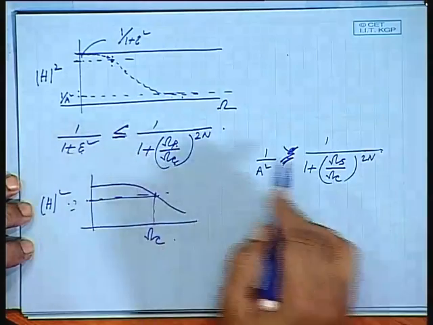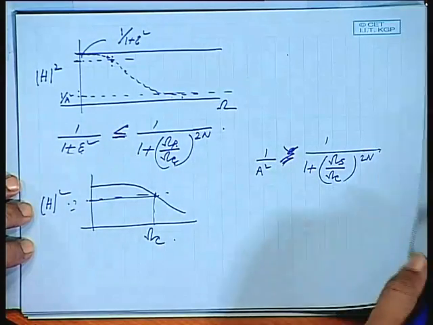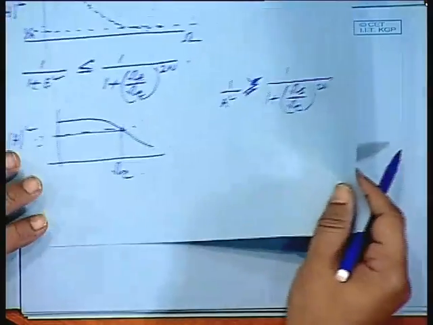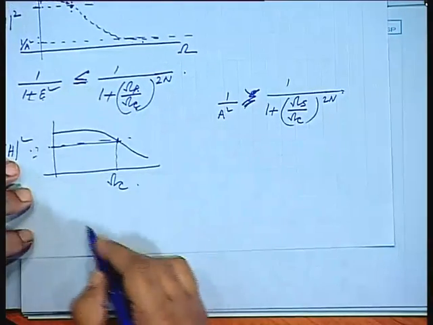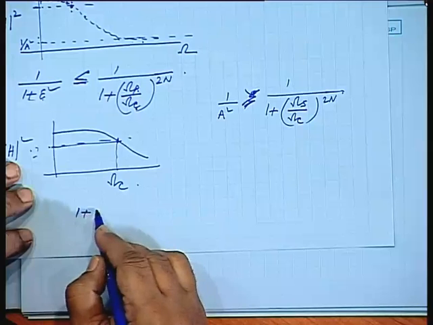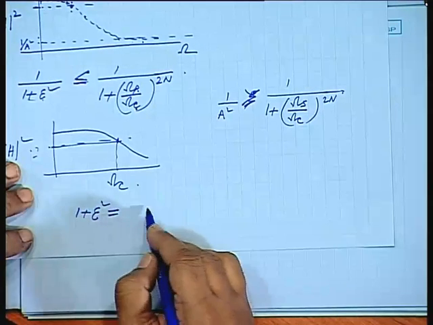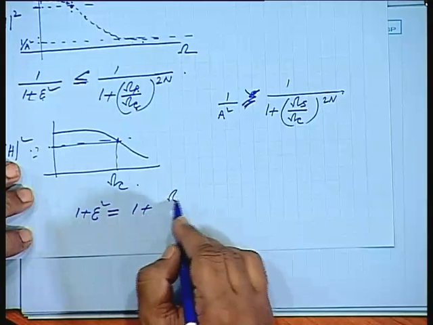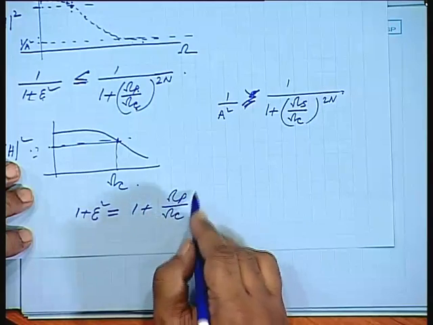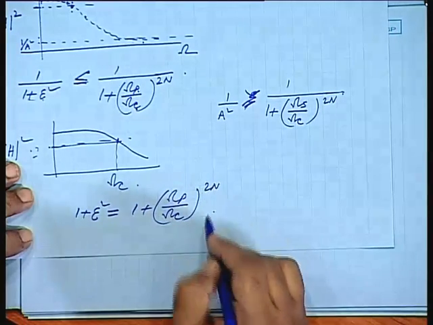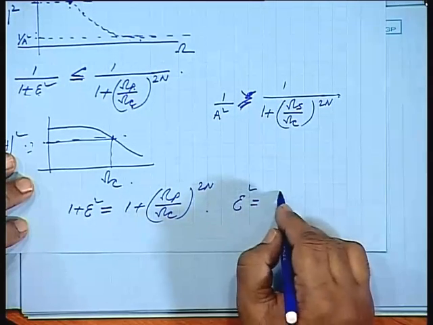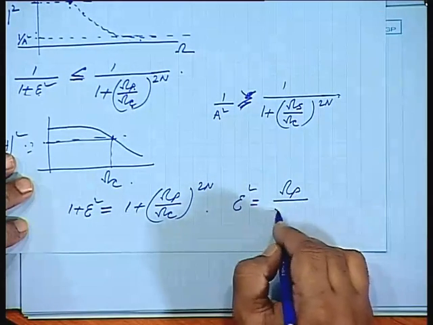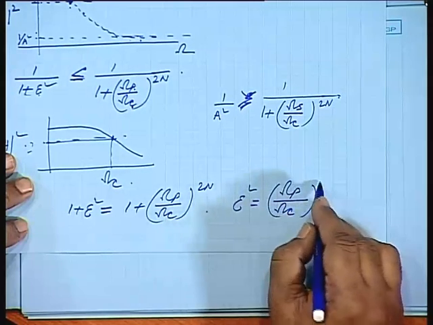So if you try to equate these two, from here I get 1 plus epsilon squared equal to 1 plus omega p by omega c to the power 2n, or epsilon squared is equal to omega p by omega c to the power 2n.